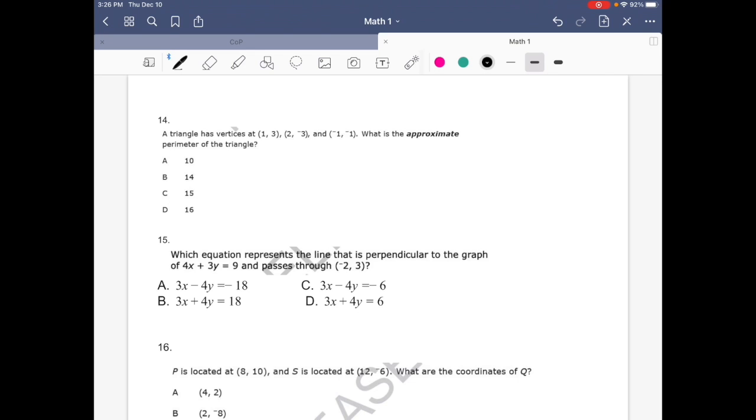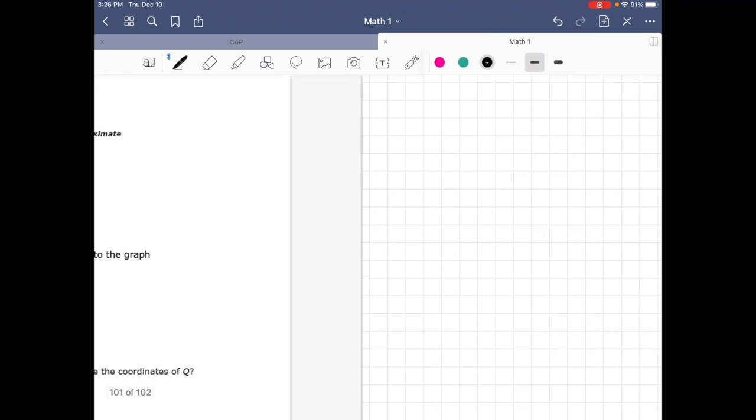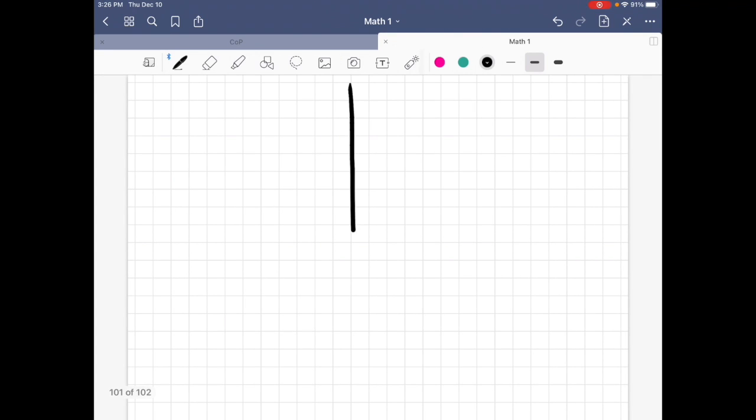All right, number 14, it says the triangle has the vertices at these 3 points. What is the perimeter? So remember, perimeter means you add up all the sides. Okay, so I'm going to add some graph paper here, and I'm going to make my coordinate plane.